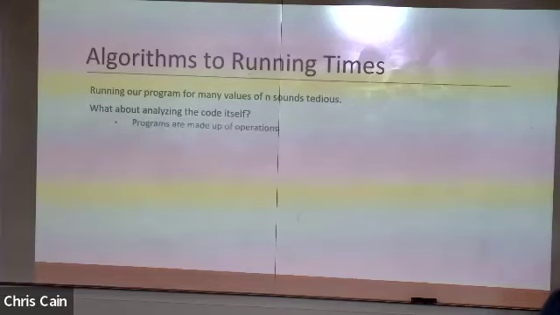So programs are made up of operations. These operations can be things like an addition, a subtraction, an operator like plus plus, which actually is an addition. You'll find that most things that happen in code break down into some basic building blocks. We can do a comparison, something like, is A equal to B? Each of these take about the same amount of time.